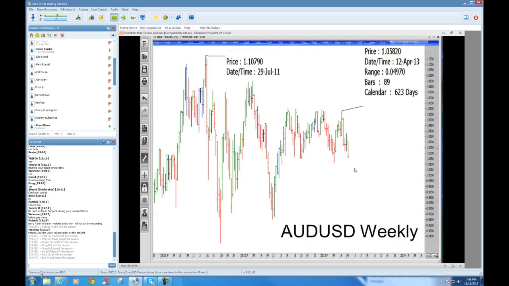The major top came into play, $1.10 in July 2011, and here on the weekly chart we have a count of 89 weeks. Now 89 is a direct strike on the Fibonacci number. So what we have is in April 2013, 144 months and 89 weeks all coming in around the same zone.